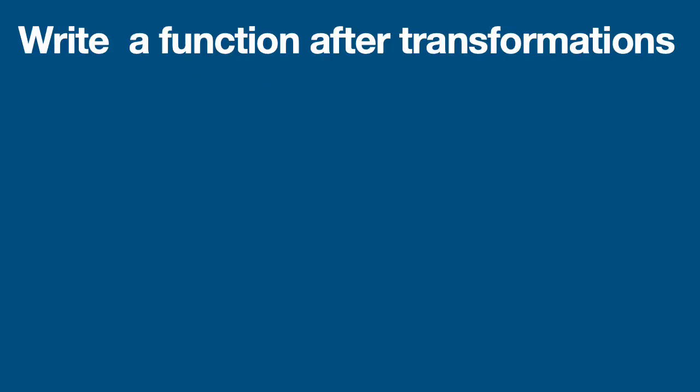In this example, we write the function after all the transformations. First, we're going to start with the parent function y equals x squared. So I'm going to give transformations. You write the function after each transformation. Shift 2 units to the right, which means you change inside x, go to the right, x minus 2, right?